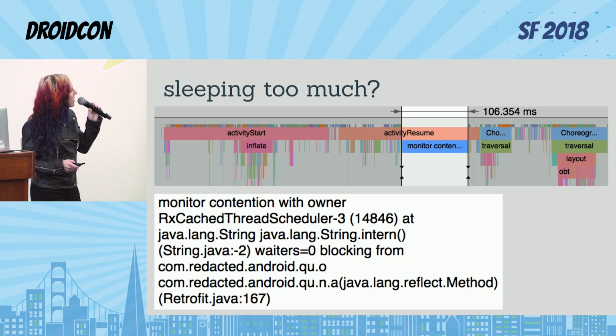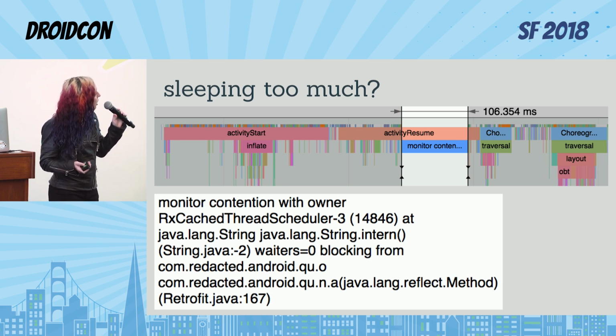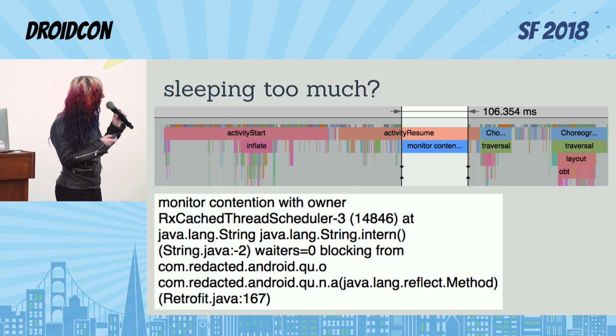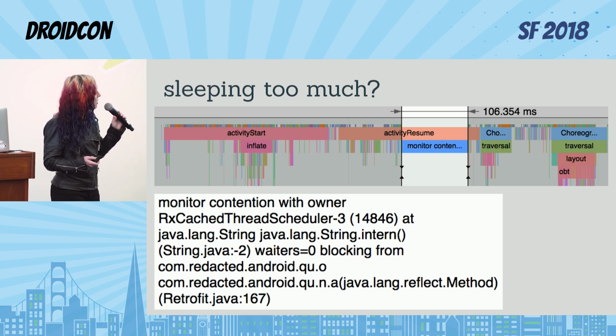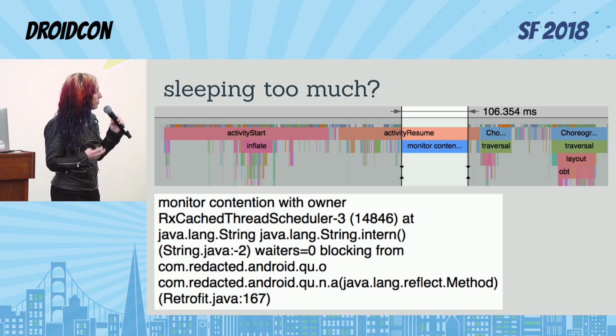So here it looks like RxJava is owning a lock. The monitor contention is the same as lock contention. So RxJava is owning a lock of some sort, and then it looks like whatever app this is is also using Retrofit, and there's some kind of monitor contention going on there.